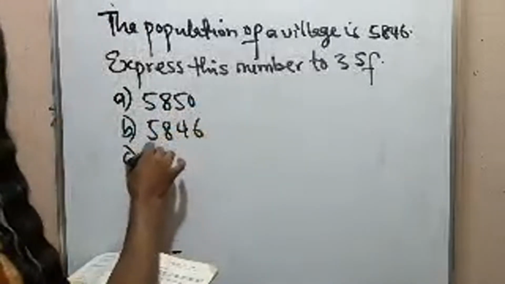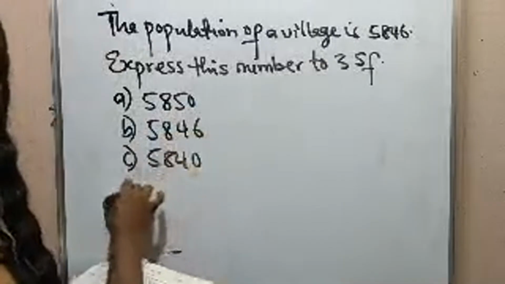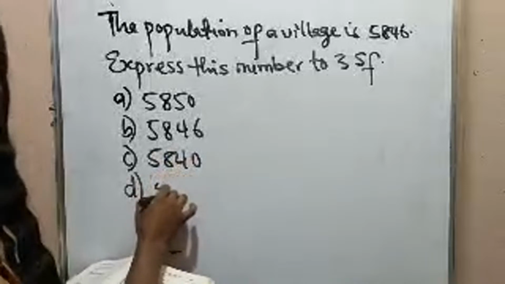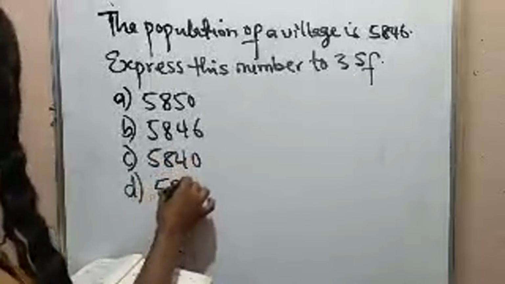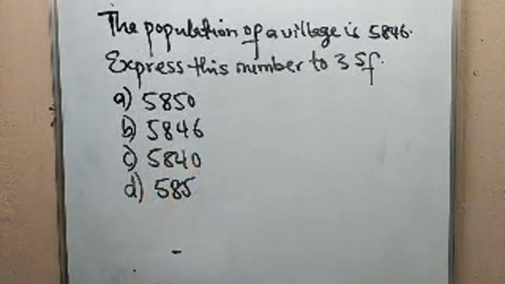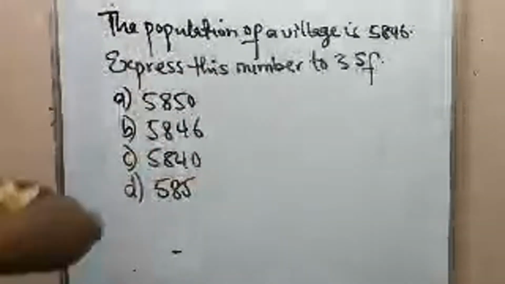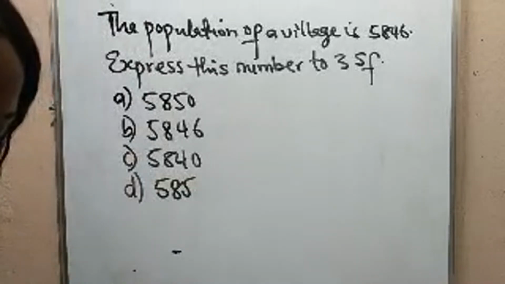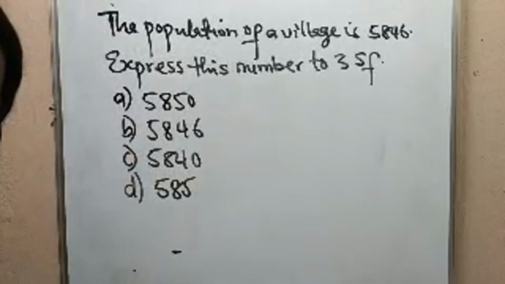Option C, 5,840. Option D, 5,585. Okay, so these are the options. Now, let us do this together.